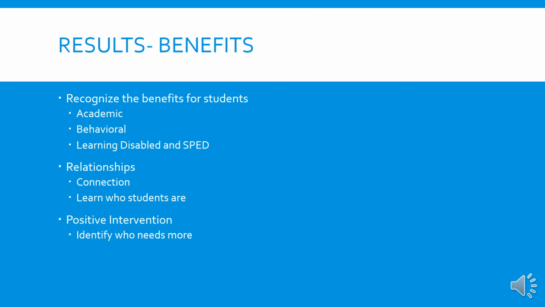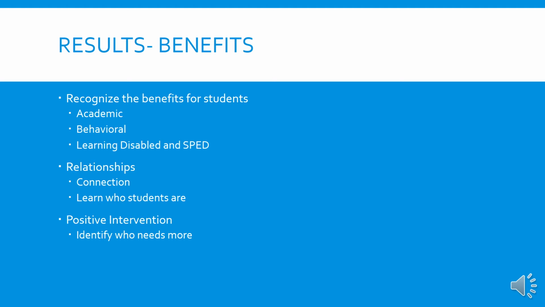And for our learning disabled and SPED population, these students often have difficulty expressing emotions or recognizing emotions both in themselves and in their peers. Social emotional learning programs have been found to increase awareness in learning disabled students and special education students in relation to explaining and controlling their own emotions.